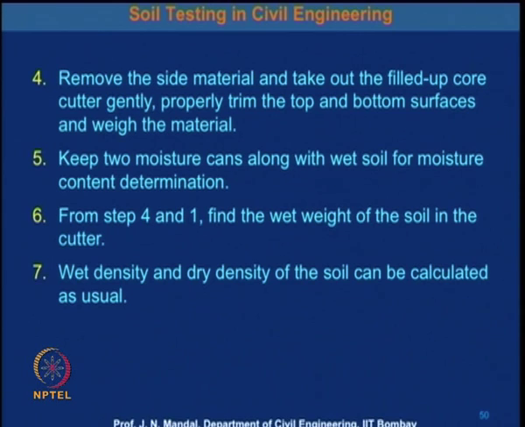From steps 4 and 1, find out the weight of the soil in the cutter. Then weight density and the dry density of the soil can be calculated as usual.